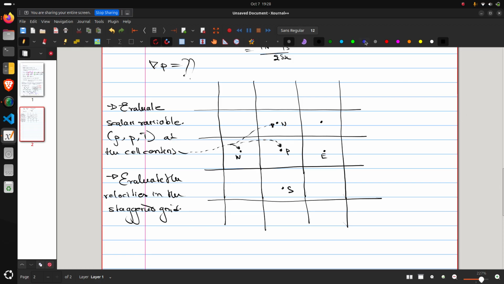So what is a staggered grid, right? So this is the u velocity, assuming it is a uniform orthogonal Cartesian structured mesh, right? What we will do is we will draw a control volume around this velocity component. Okay, what have we done? We have just staggered the grid in the x direction.